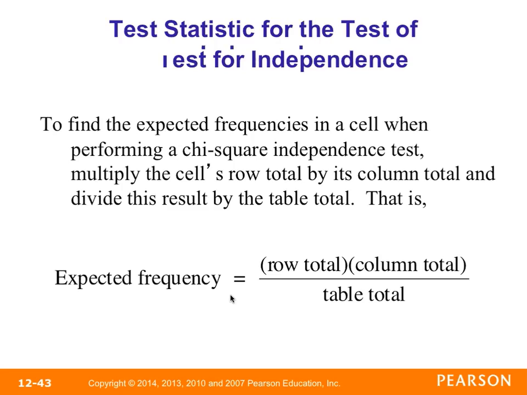This approximately follows a chi-squared distribution, except the degrees of freedom are a little bit different than the last one. So for this one, we take the number of rows minus 1, we take the number of columns minus 1, and then we multiply those two numbers by one another in order to get the number of degrees of freedom. This is all provided that the expected frequencies are greater than or equal to 1 and no more than 20% are less than 5.